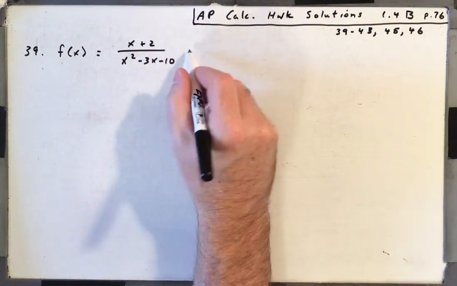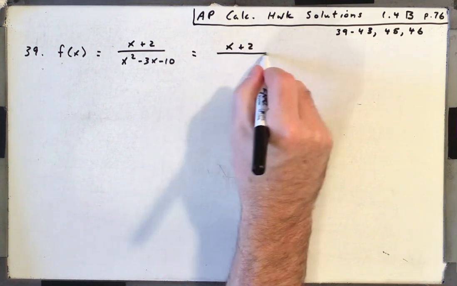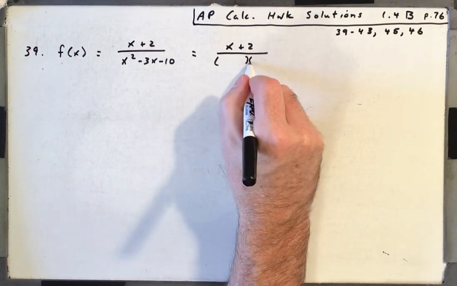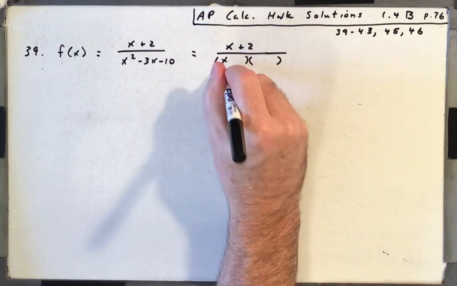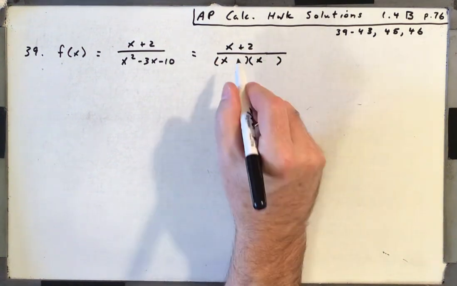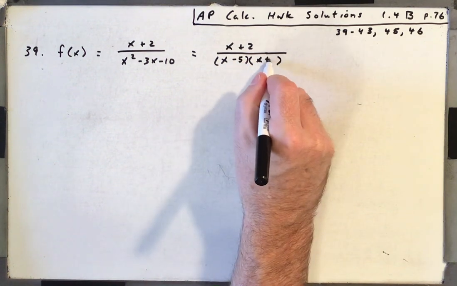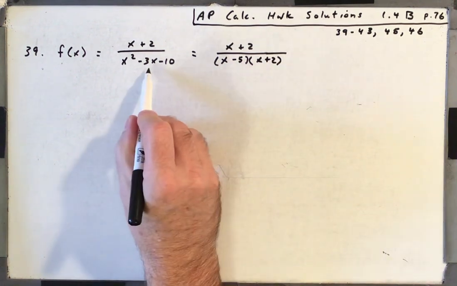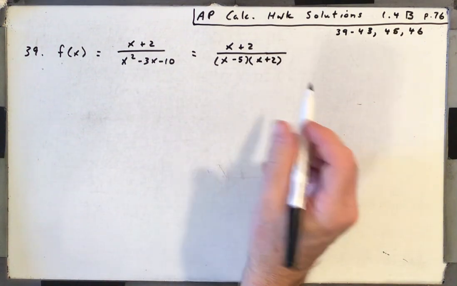Well, let's see if we can factor the bottom. It's a second degree trinomial. How about x minus 5 and x plus 2? If we FOIL that back out, I believe that would work and give us a negative 3x and a minus 10.